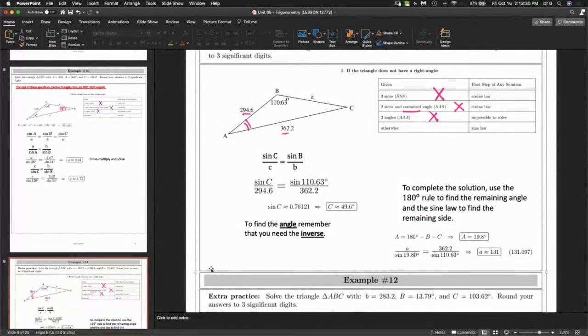Technical difficulty on my part. They're trying to set it up pretty. So that's pretty much the process.